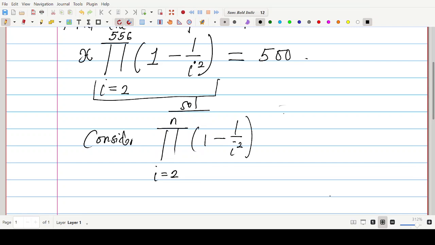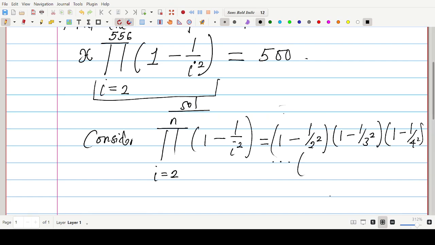If we interpret this, it is equal to writing 1 minus 1 over 2 squared, because i starts from 2, multiplied by 1 minus 1 over 3 squared, multiplied by 1 minus 1 over 4 squared, and so on until you get to 1 minus 1 over n squared. So we want to get a simplifying expression for this.